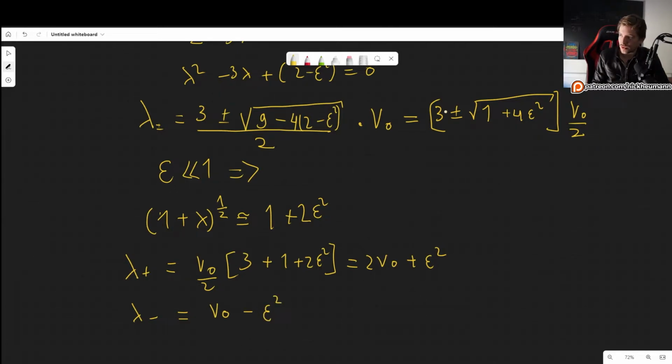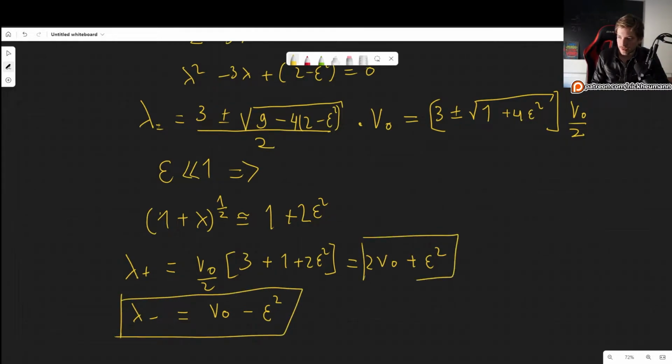Let me double check. So 3 minus 1, we get 2 divided by 2, and then 2 epsilon squared with a minus. Okay, yes. So here we have the remaining values for lambda that we wanted.